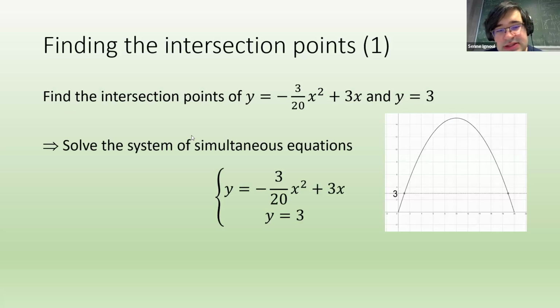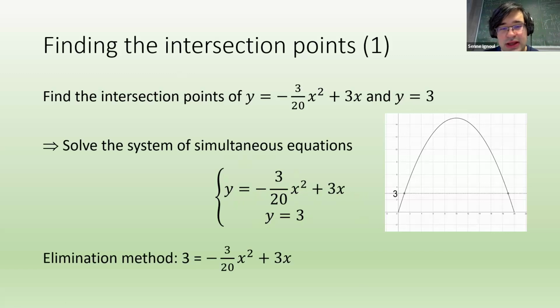So what we can do is, you see y is equal to this expression here, and y is equal to 3 here. What we want to do is find x and y for which both equations hold. How can we do this? We can try to eliminate the y. If y is equal to the first thing with the x's, and y is equal to 3, and both equations hold, that also means that the first equation, minus 3 over 20 x squared plus 3x, should also be equal to 3.